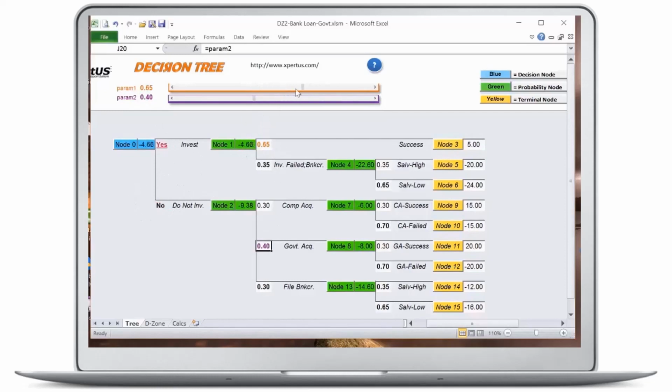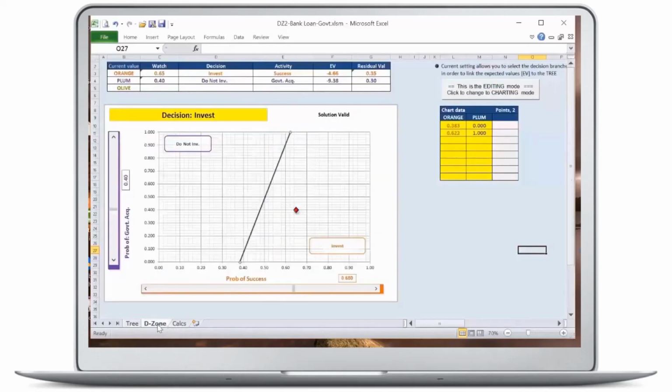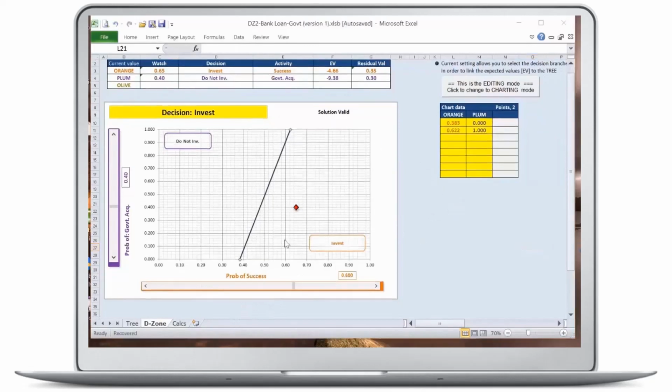The next thing is to see how we can build a decision zone map. So let's go to the zone map here. And here I have already built the zone map. In one of the earlier videos, we showed you how to do a zone map. So now we have the zone map. But what does the zone map mean to us? So let's take a look at that.